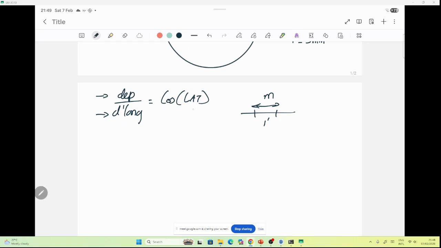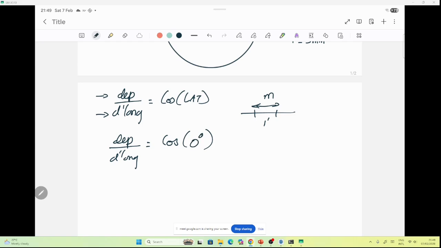So from the formula, for example, at the equator, what is the latitude? 0. So departure divided by d long at the equator is cos 0 degrees.